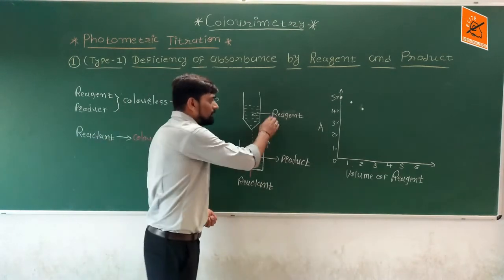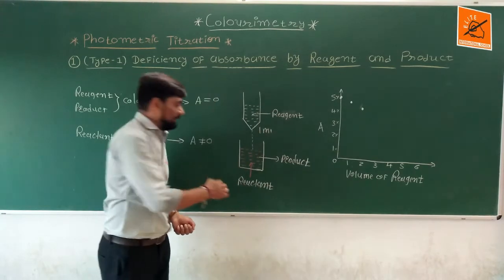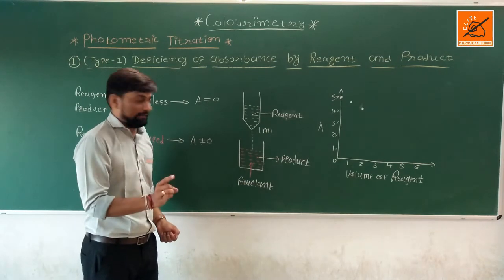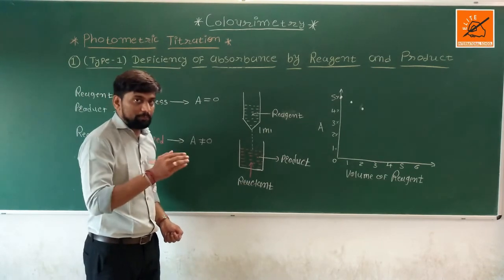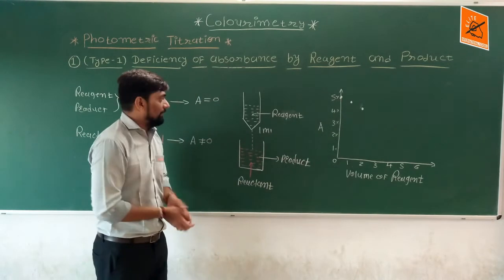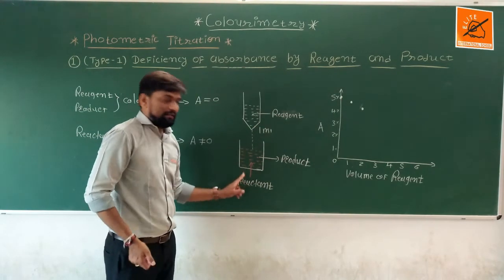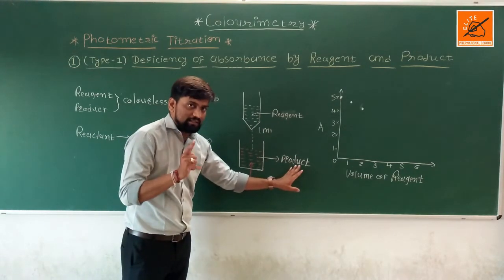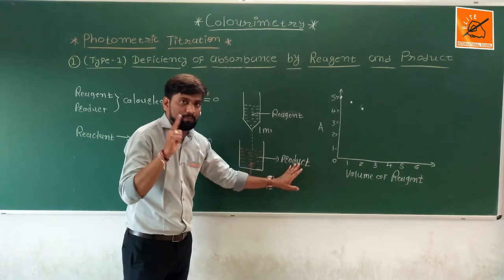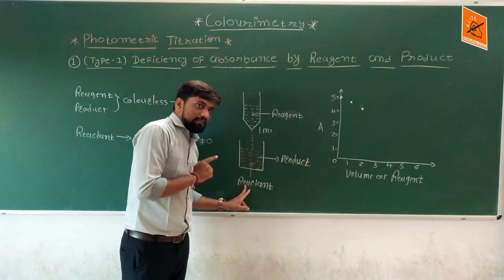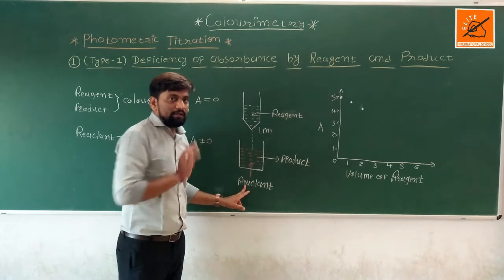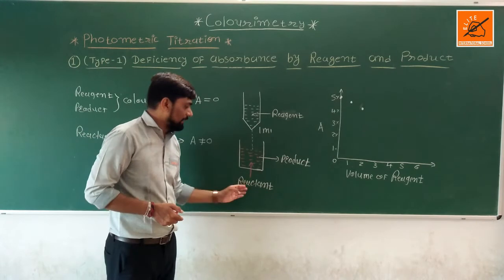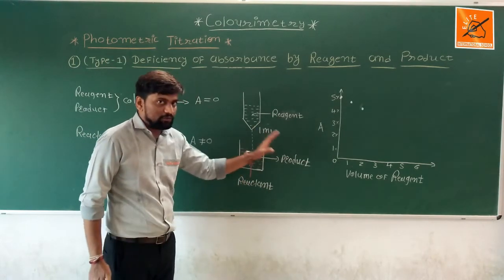So with gradual addition of reagent, the reactant gradually converts into the product, which means the volume or concentration of reactant will gradually decrease. The product formed is colorless. That's why light is not absorbed by it, which means the absorbance value of the reactant is gradually decreasing. With gradual addition of reagent into the flask, the absorbance value will gradually decrease.